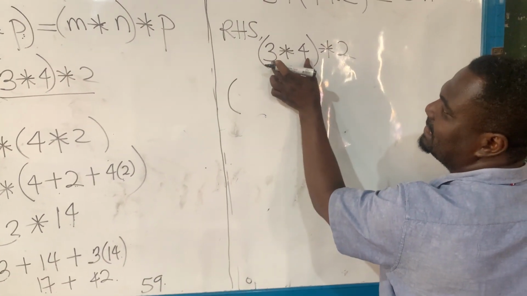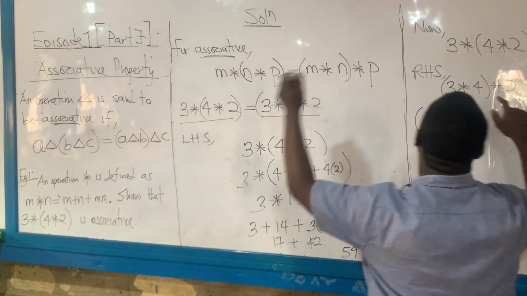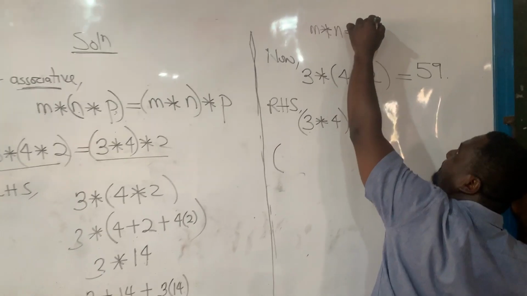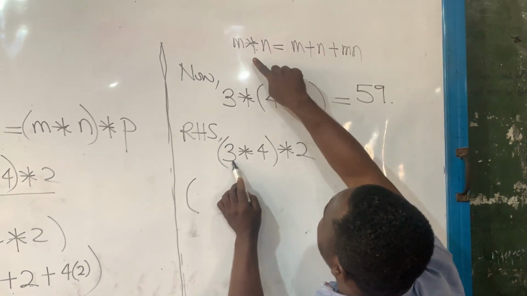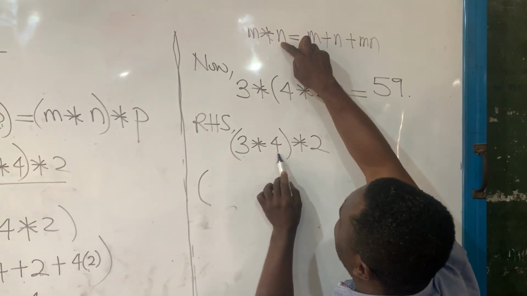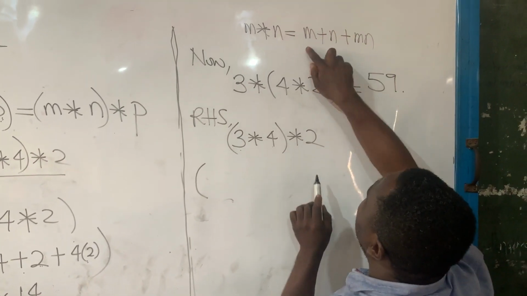So I'm going to match 3 and 4 using the general formula, which is m star n equals m plus n plus mn. So meaning my m is 3 and my n is what? 4 here. So I'm putting 3 and 4 into this.